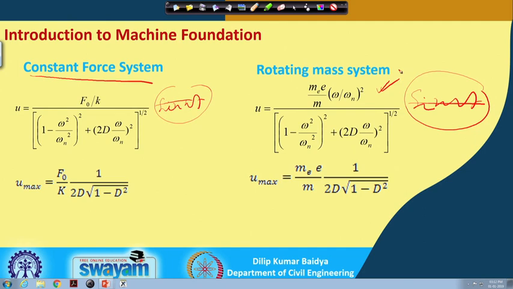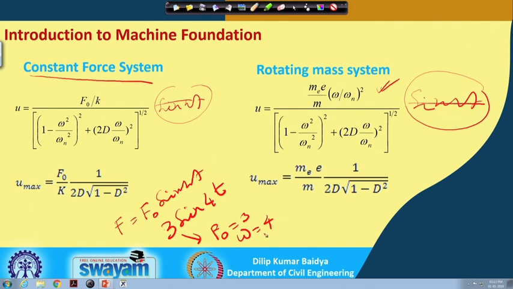So, now in this constant force system, what does it mean? F equal to f naught sin omega t. One example, suppose it is 3 sin 4t. If this is the equation, then your f naught becomes 3 and your omega becomes 4.